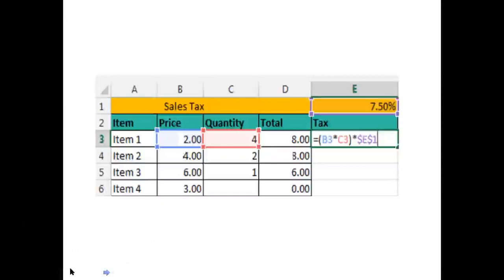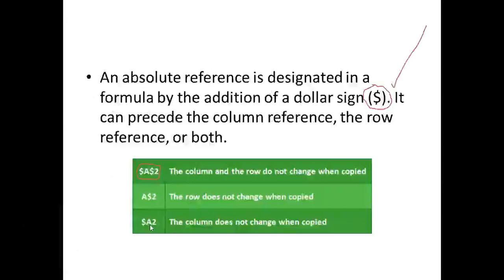Okay, so we have technically 3 types of referencing. So we have this one where when you copy it down, it maintains the column and the row together. So the column and the row do not change when copied.